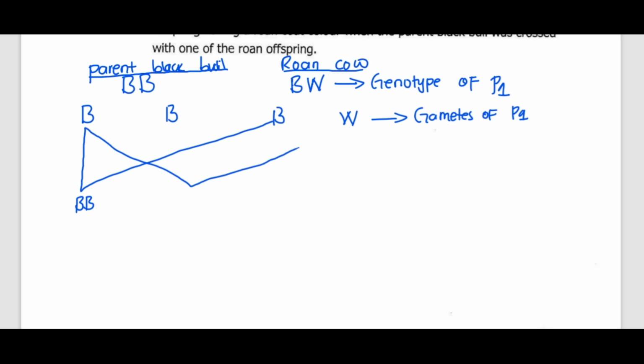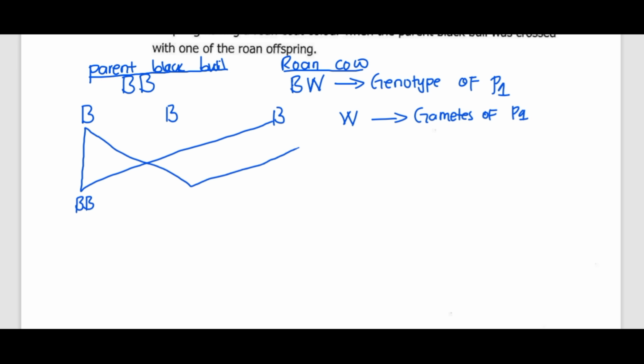Then here we have a roan. Here we have pure black. Then here we have a roan. So say genotype of, now this will be F2 since one of the F1 was used as a parent.